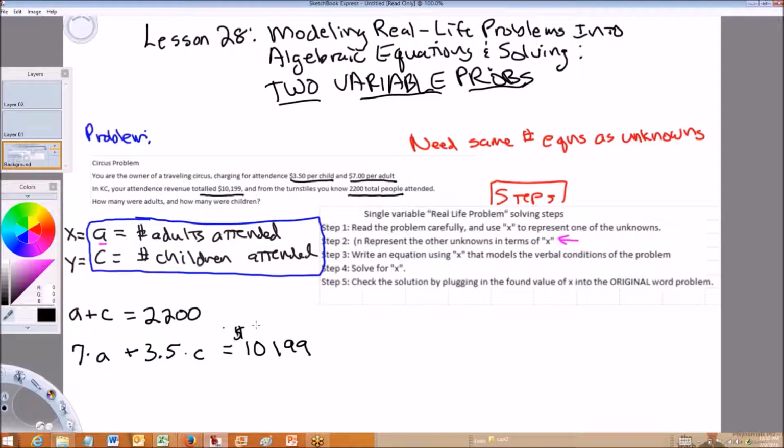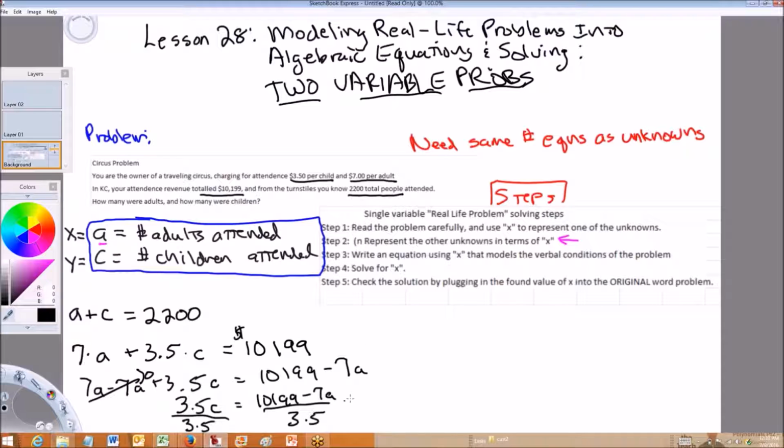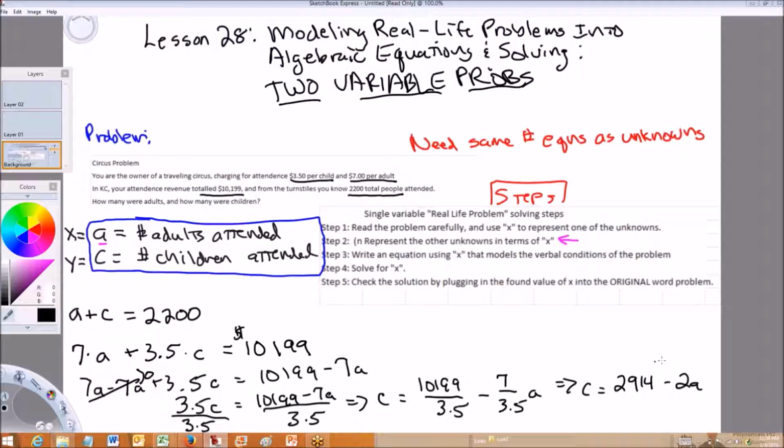Well, let's work with this equation here and solve for C, but we will put it in terms of A. All right, so this is in terms of A now.